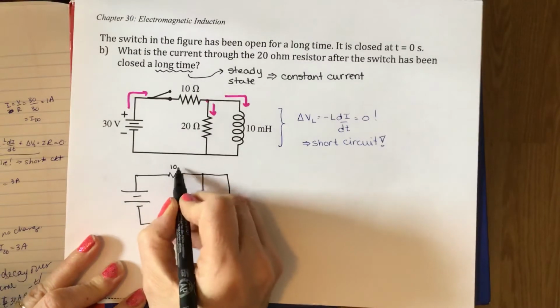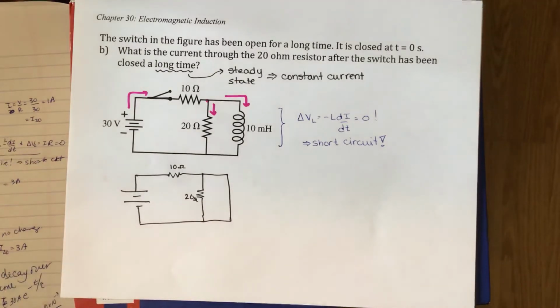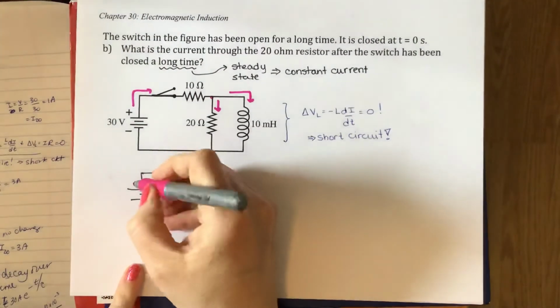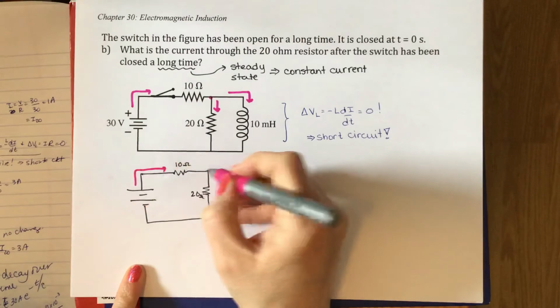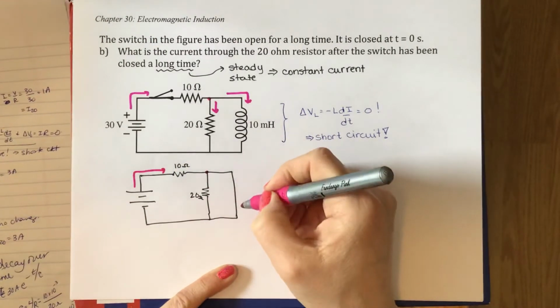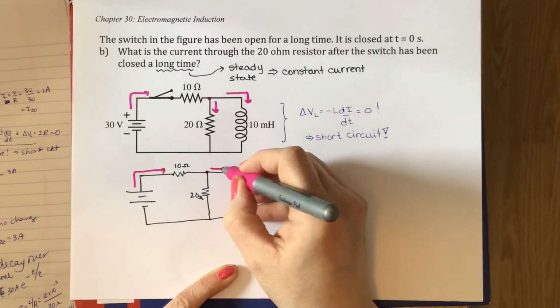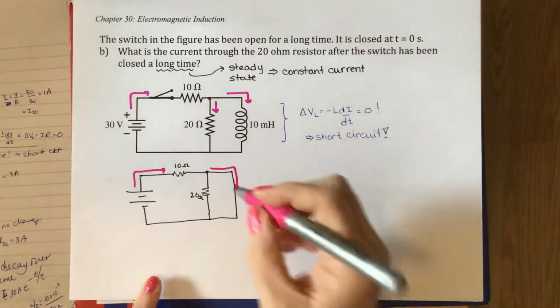So now let's ask, which way is the current going to flow when it gets to this junction? The current comes out of the battery, goes around this way, it hits this junction, it has two choices. It can go to a branch with 0 resistance, or it can go to a branch with some resistance. It's going to go to the one with 0 resistance.